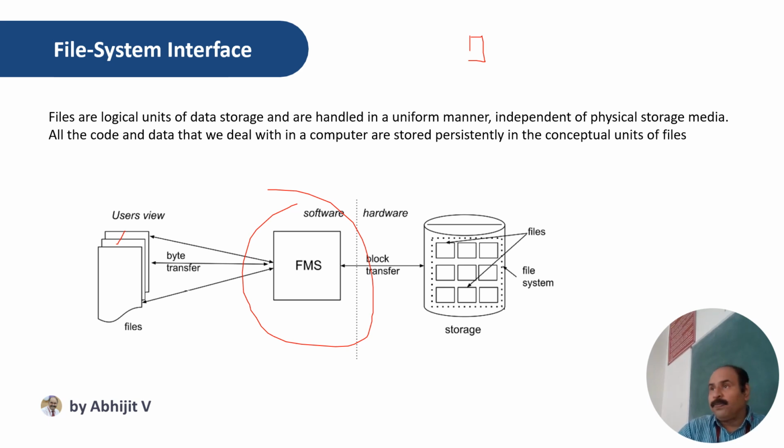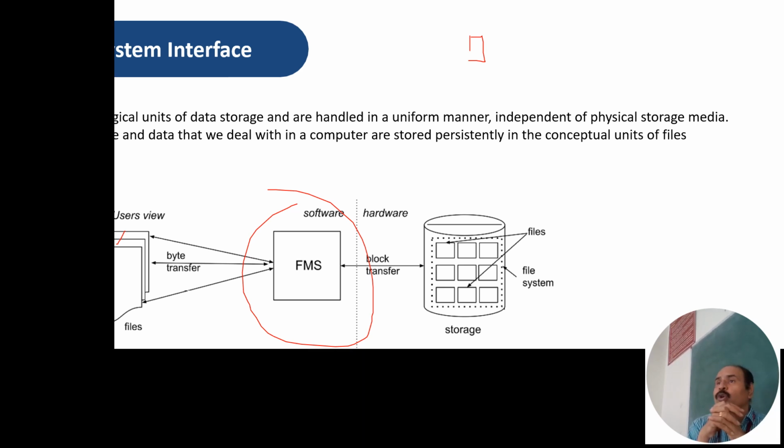Whenever you want a file to be taken out, the user will be able to transfer the required file requests to the file management system. The file management system is software that works within the operating system to manage your files. Managing your files means retrieving the data from the hardware and giving it to the user.